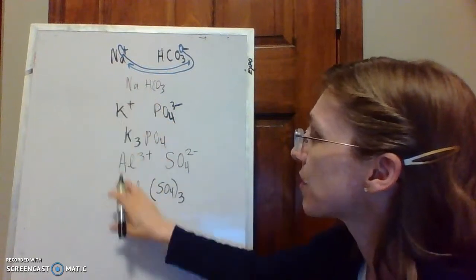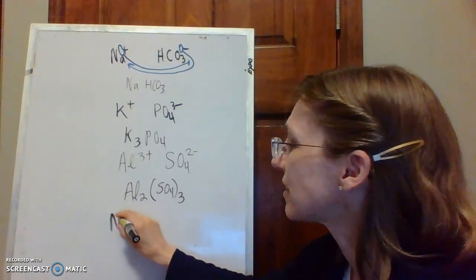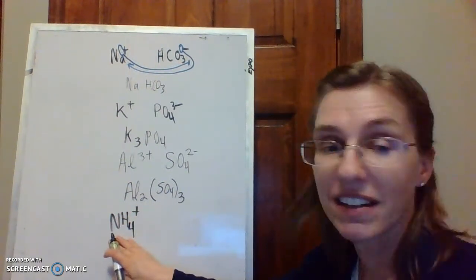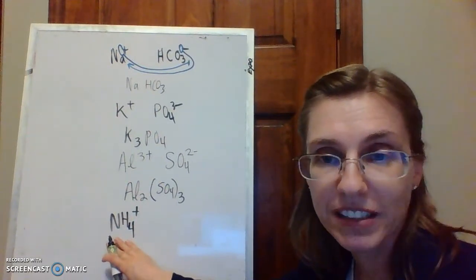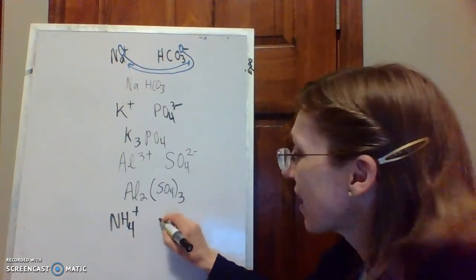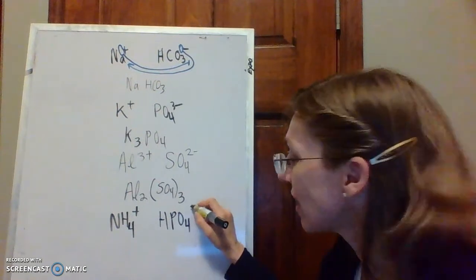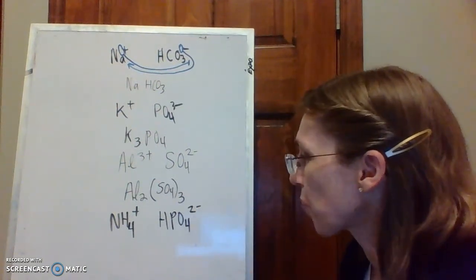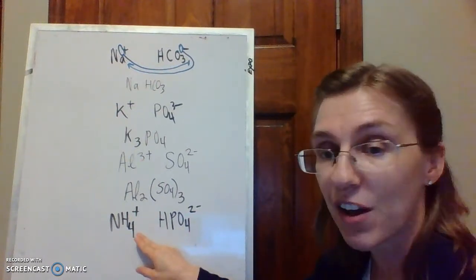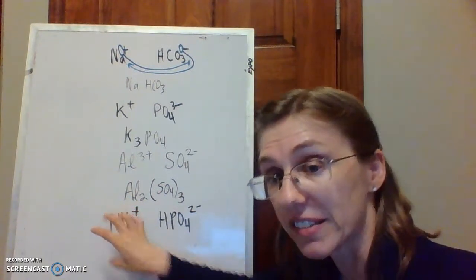We've done all of these with a single atom as the positive guy. Let's use a polyatomic as the positive guy, and our cation here is ammonium. It's the only positive polyatomic on our list of ones that we have to know. And let's look at HPO4, which has a -2 charge. So the 1 comes down here, the 2 comes down there. Remember, this is a polyatomic, so it's 2 of the whole thing.